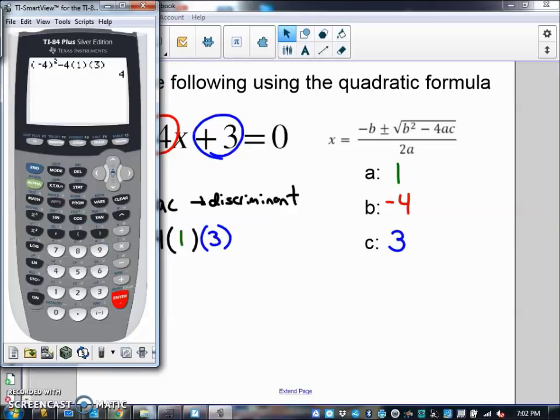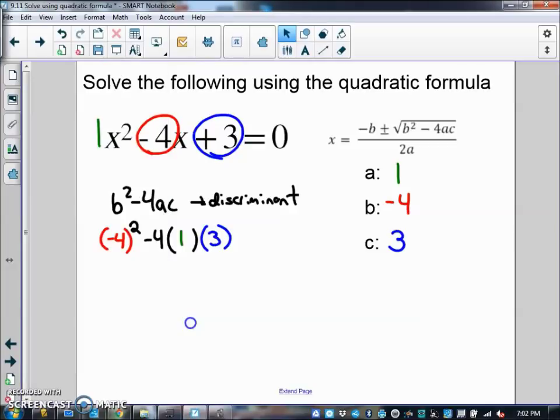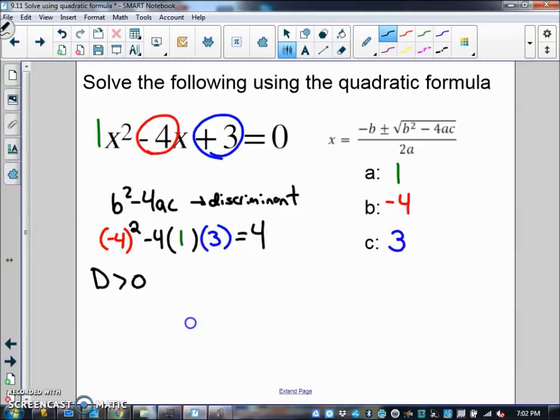And I find that my discriminant is equal to 4. Now, when our discriminant is greater than 0, we'll have two real solutions. That is, two x-intercepts.